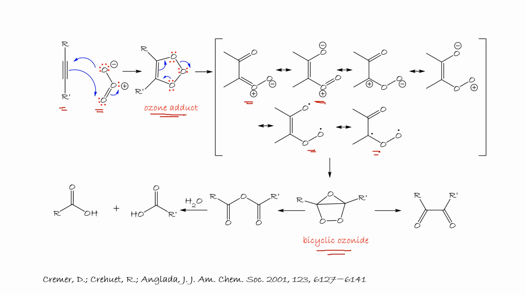This bicyclic ozonide either loses oxygen to form a dicarbonyl, or ring opens to form an anhydride, followed by hydrolysis if we add water, and that will give the carboxylic acids.